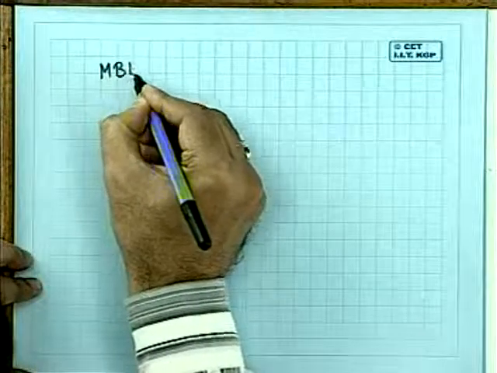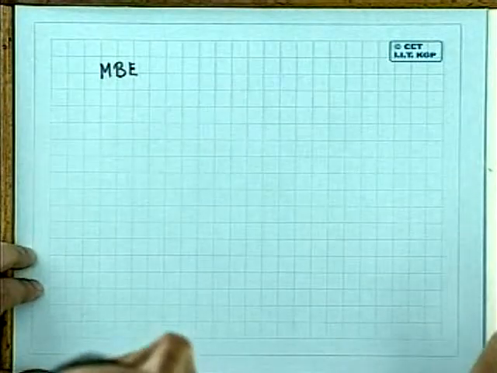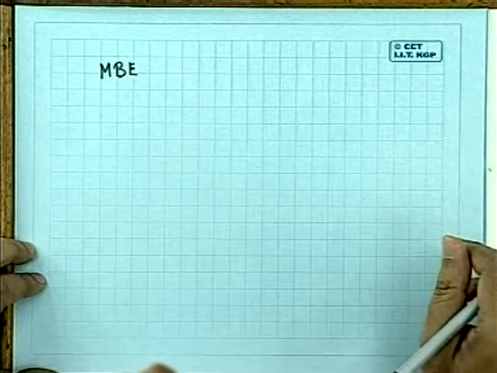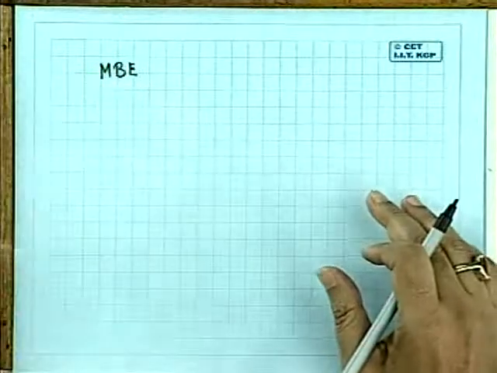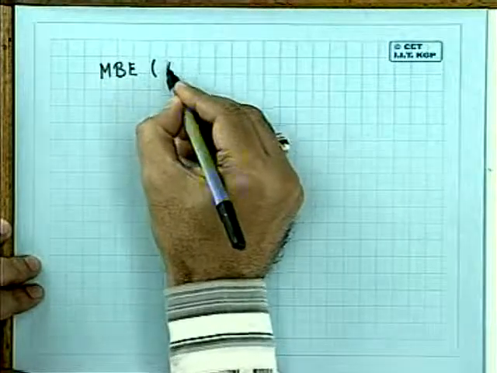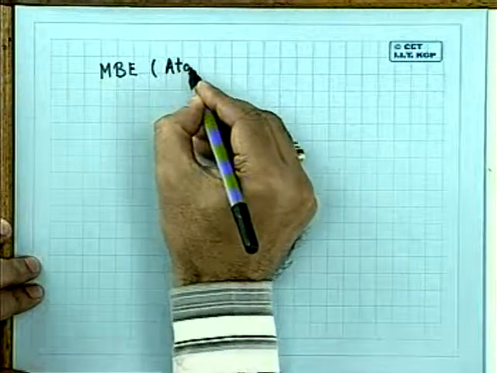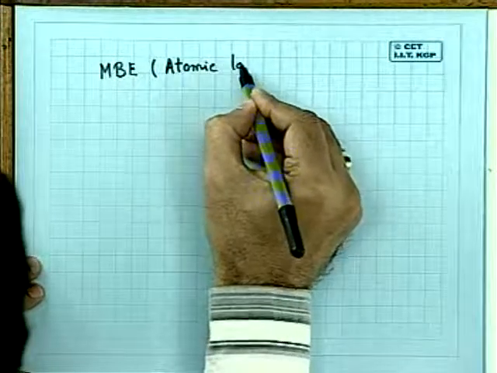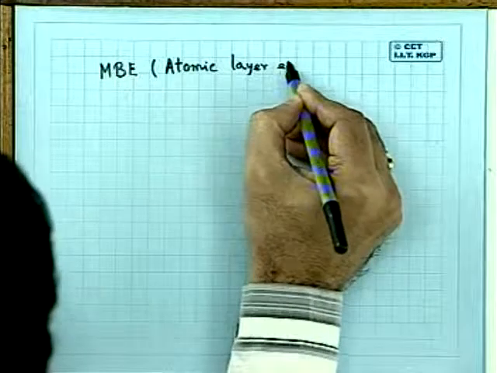Then gradually, certain epitaxial techniques were developed. For example, one technique is called molecular beam epitaxy, MBE, which I have mentioned earlier. This is also sometimes called atomic layer epitaxy.